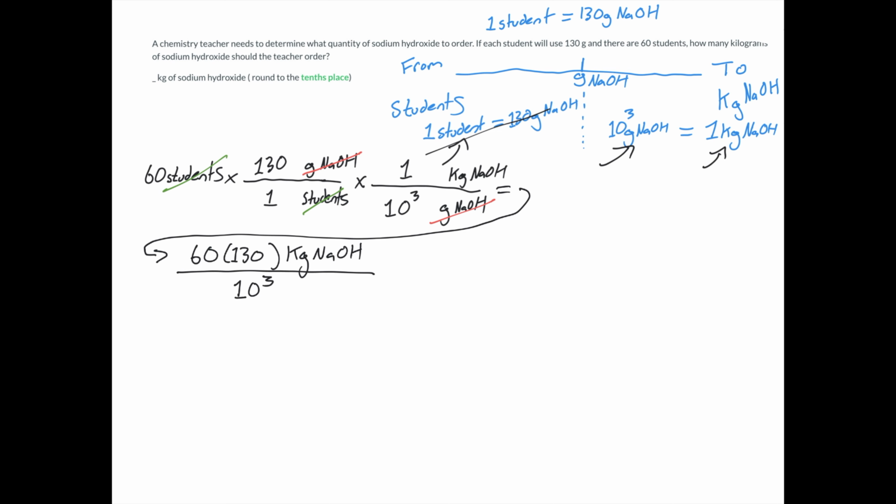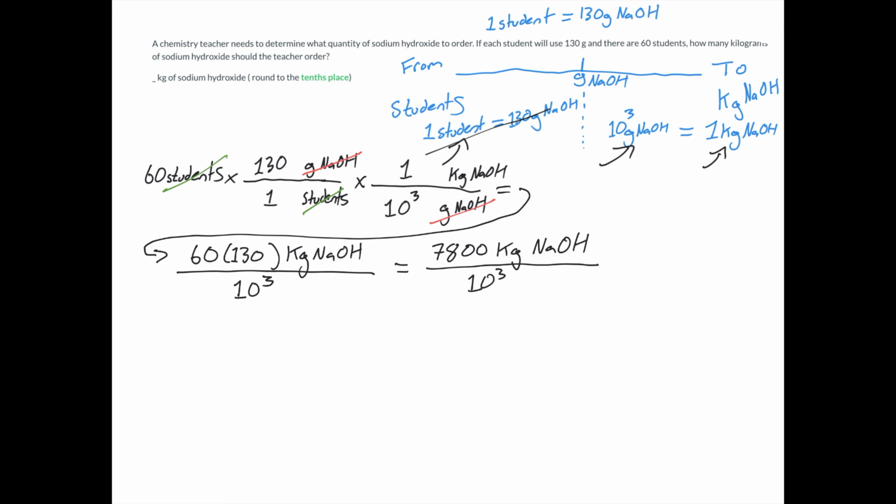We'll do 60 times 130, which is 7,800 kilograms of NaOH. That will all be divided by 10 to the 3.